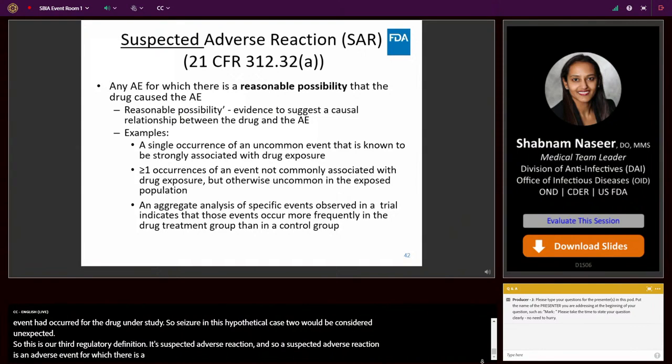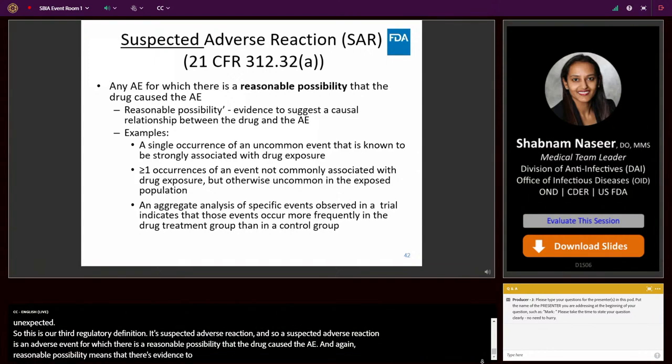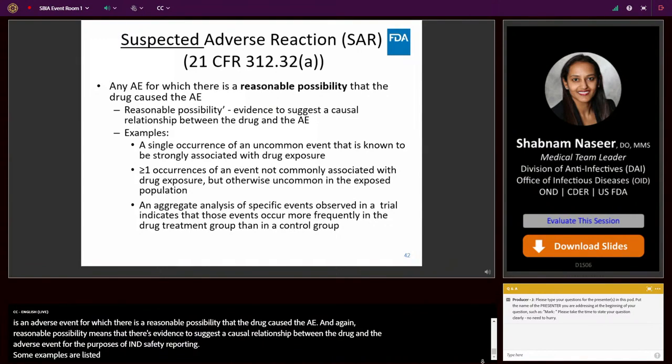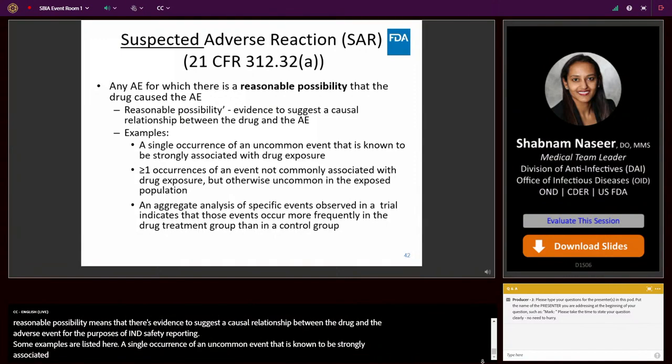And again, reasonable possibility means that there's evidence to suggest a causal relationship between the drug and the adverse event for the purposes of IND safety reporting. Some examples are listed here. A single occurrence of an uncommon event that is known to be strongly associated with drug exposure. So some examples of this would be Stevens-Johnson syndrome or angioedema.